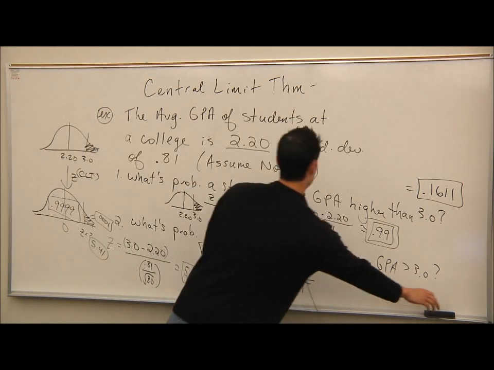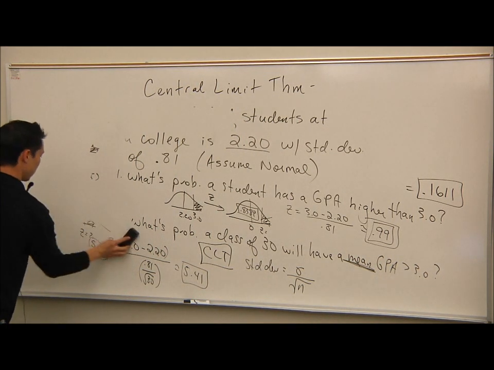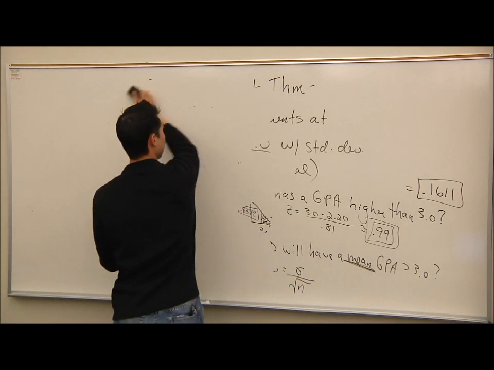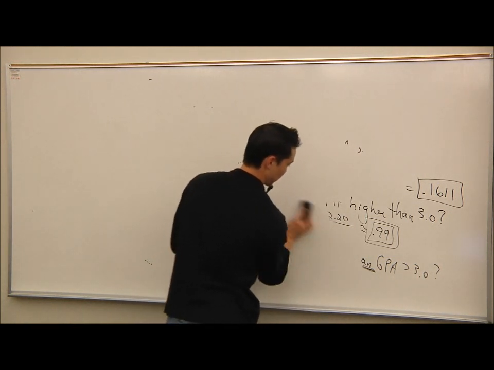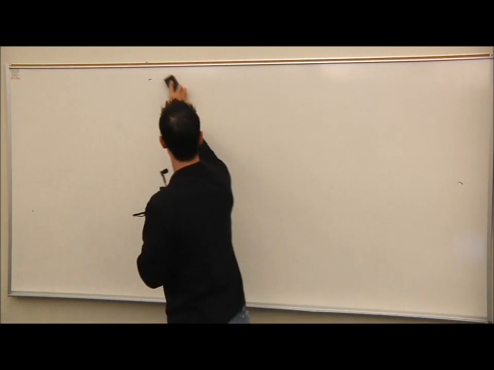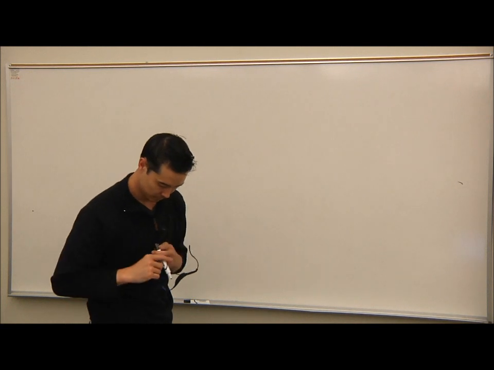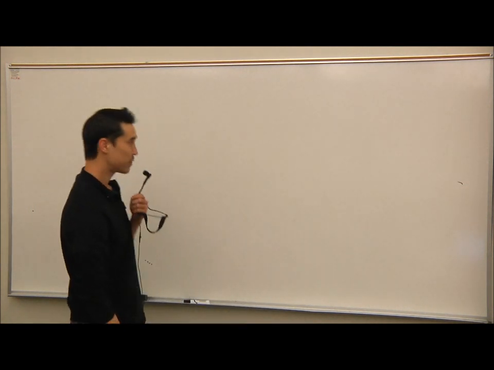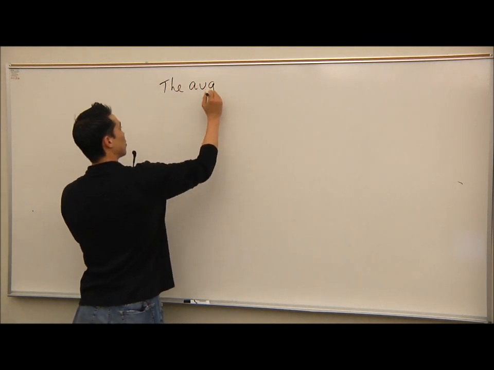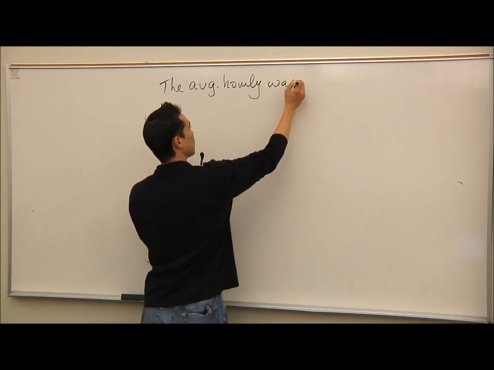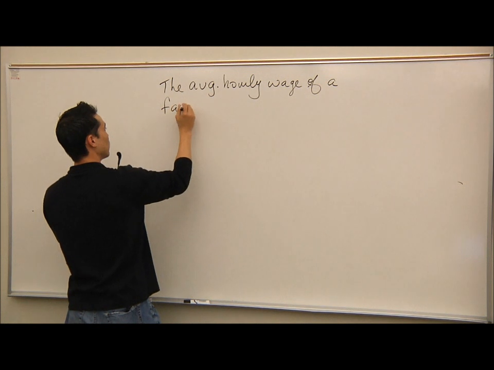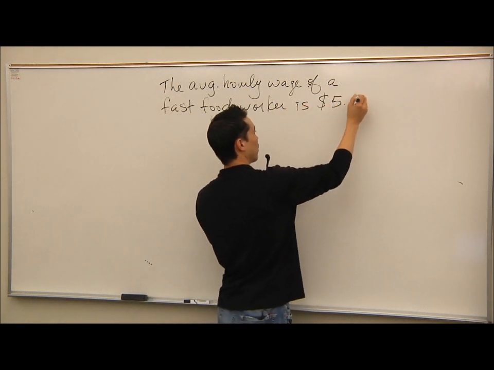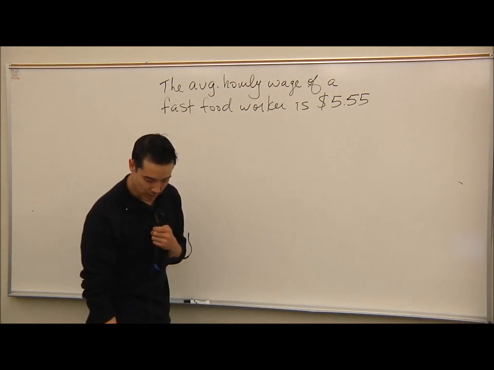All right, let's do another one. The average hourly wage of a fast food worker is $5.55, with a standard deviation of $1.15.